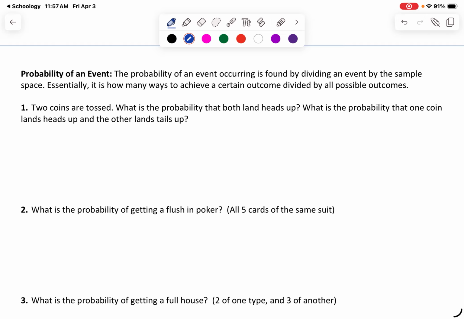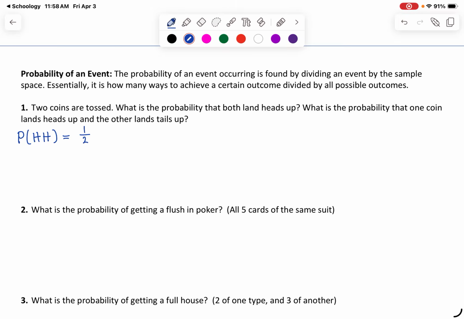So two coins are tossed. What's the probability that both land heads up? So we want the probability of heads, heads. If I'm going to toss my first coin, what's the probability of tossing a heads? There's 1 out of 2.